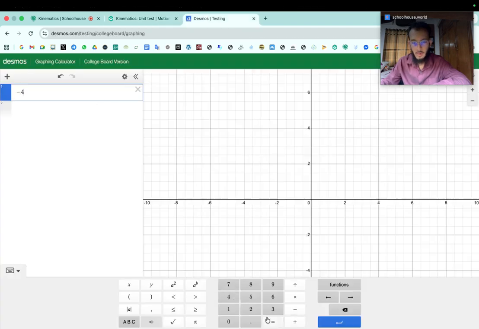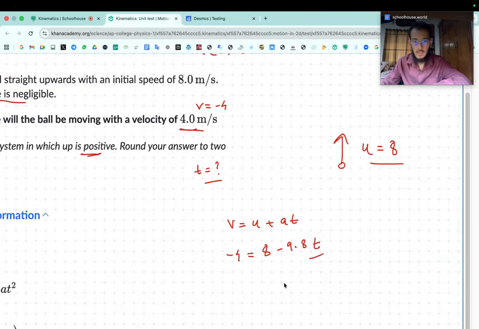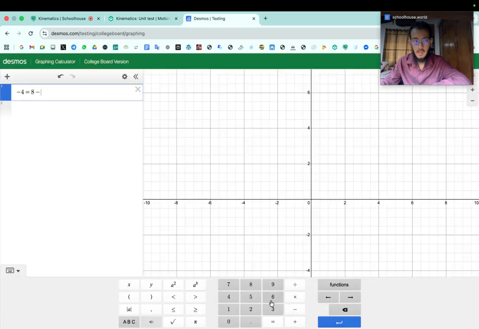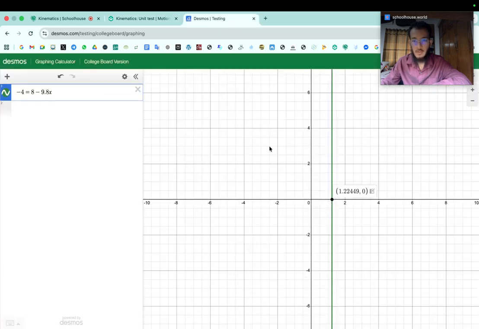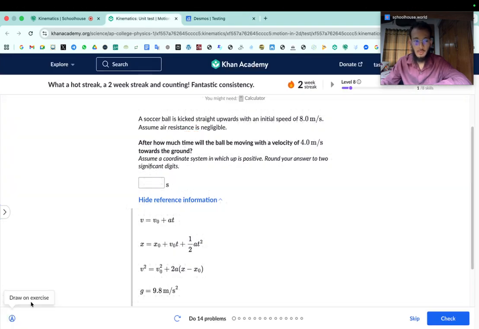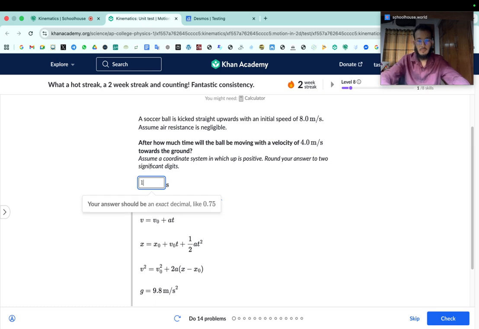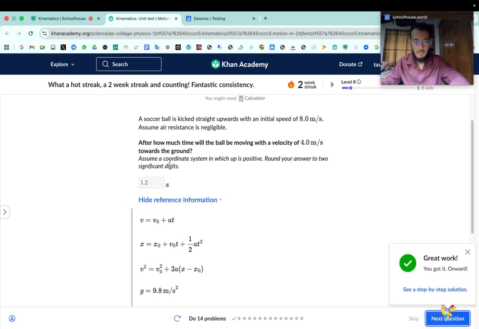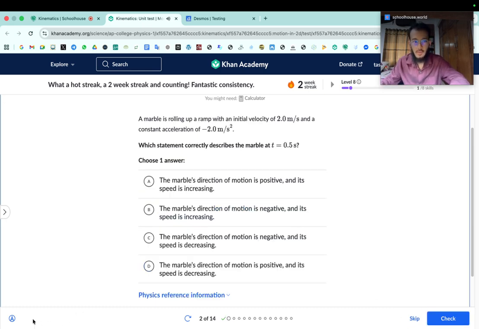Solving for t, and for two significant figures we give 1.2. Okay, so 1.2 would be our answer. There we go. All right, next one.